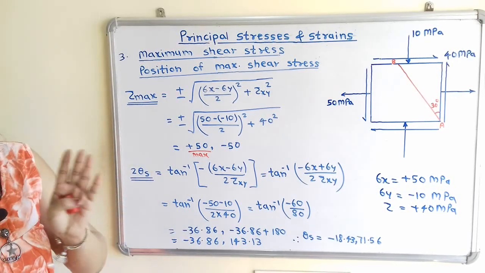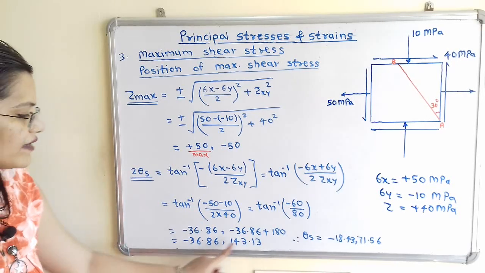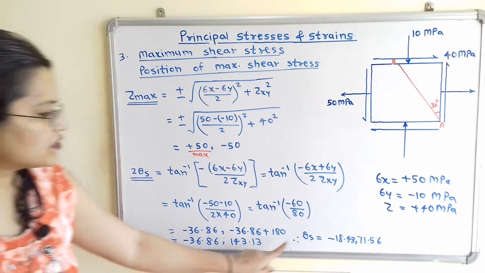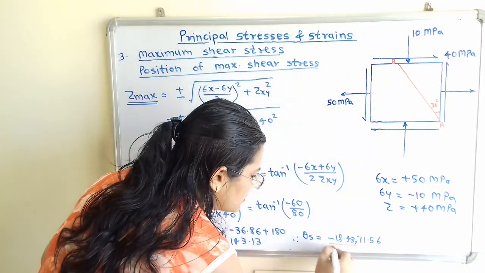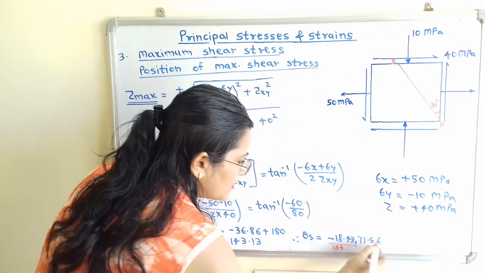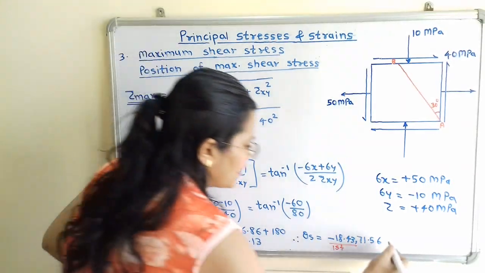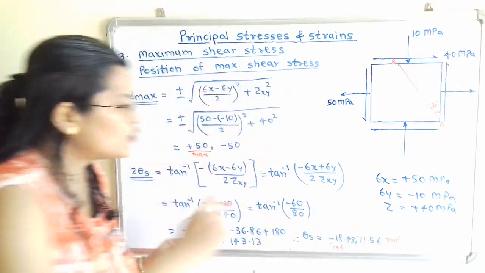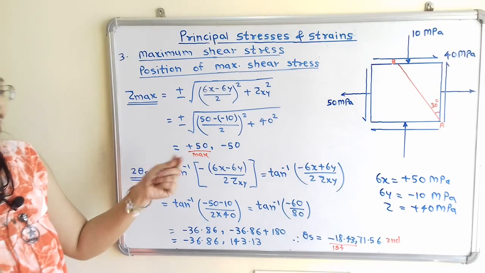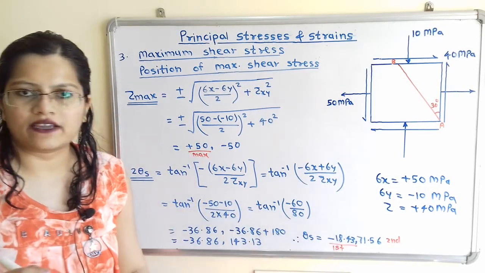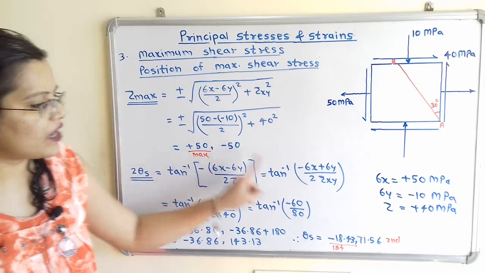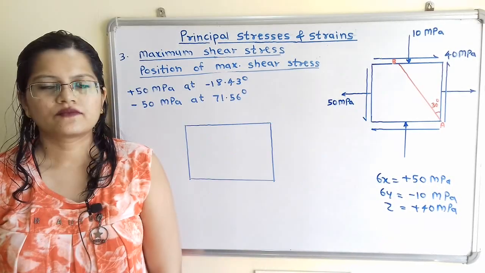We want the value of theta s, so we will divide by 2. So first angle is minus 18.43, and 71.56 is the second angle. Now to locate the shear stress, we have to show the maximum value at the first angle and the minimum value at the second angle.